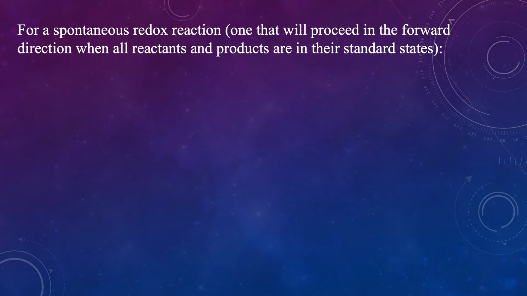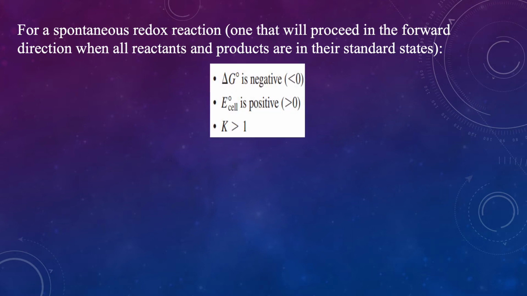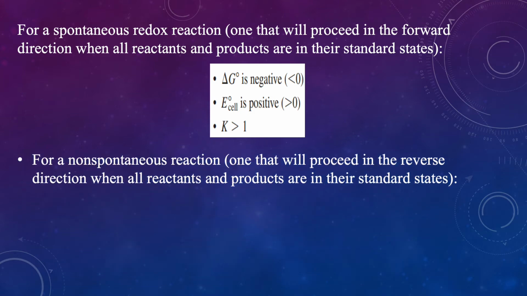For a spontaneous redox reaction, the one that will proceed in the forward direction when all reactants and the products are in their standard states, the Gibbs free energy is negative, which is less than 0. The cell potential E naught cell is positive, which is greater than 0, and K, the equilibrium constant, will be greater than 1.